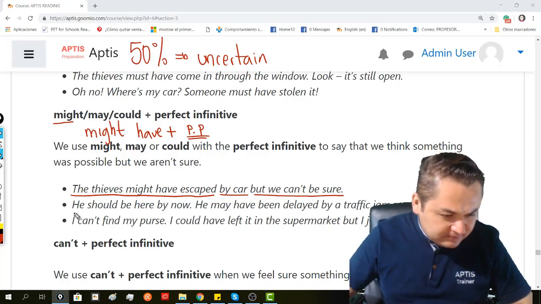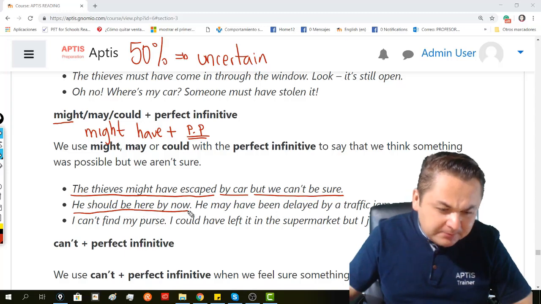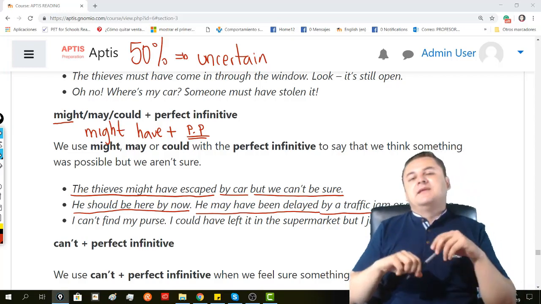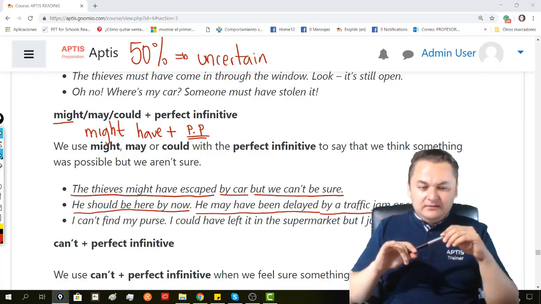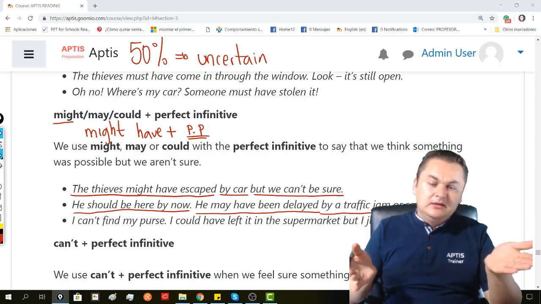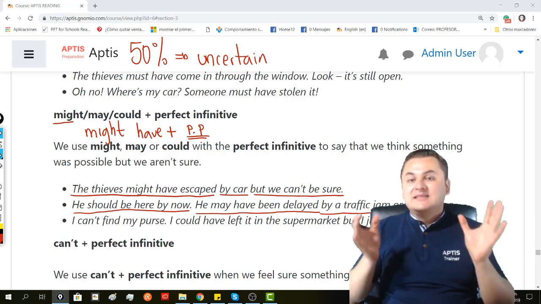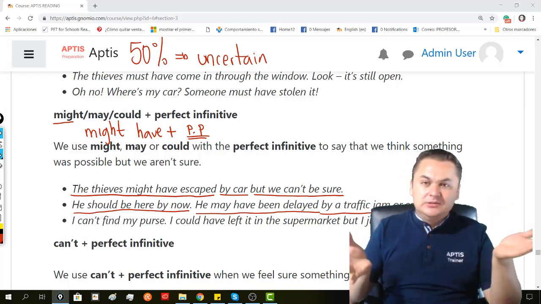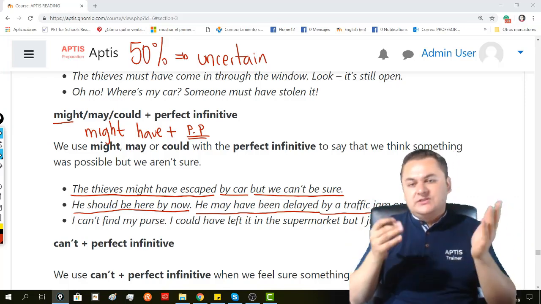Then it says, he should be here by now. He may have been delayed by a traffic jam or something. Meaning, I am not 100% sure of what is holding him back, what is delaying him. I am just uncertain.